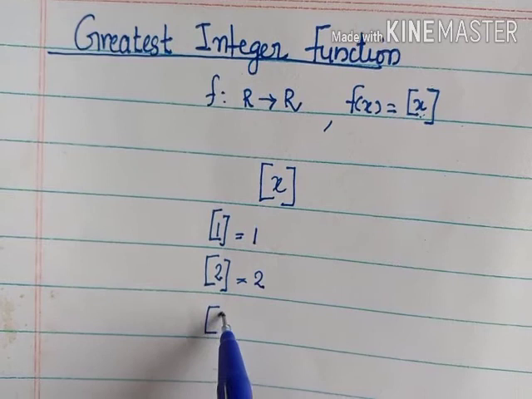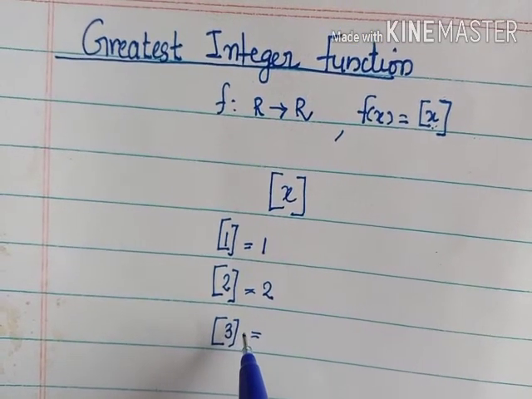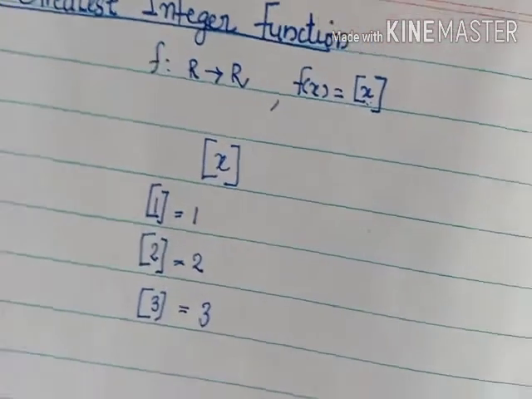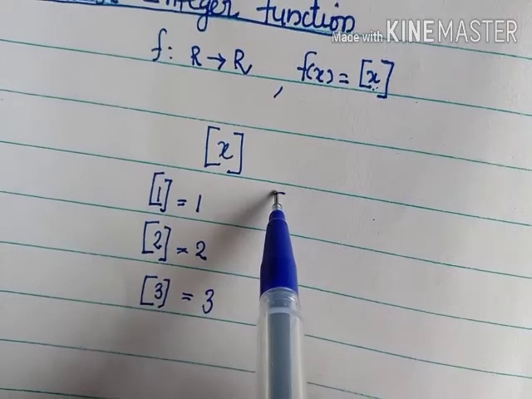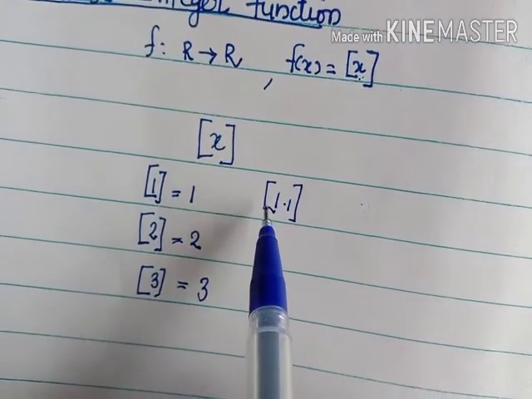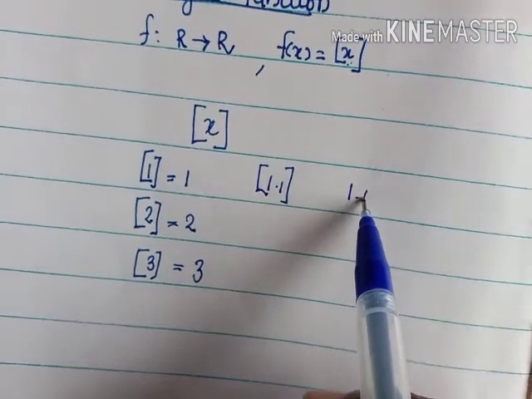Similarly, if you take 3, 4 and so on, the greatest integer value of a given integer is the same number itself. Now see, what about, suppose, 1.1, the greatest integer function of 1.1.